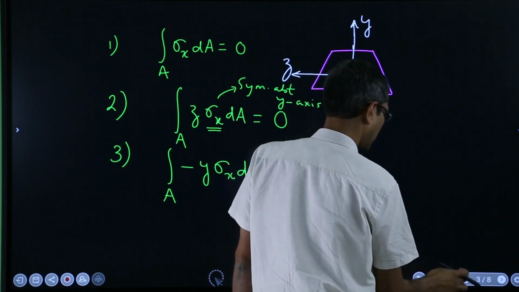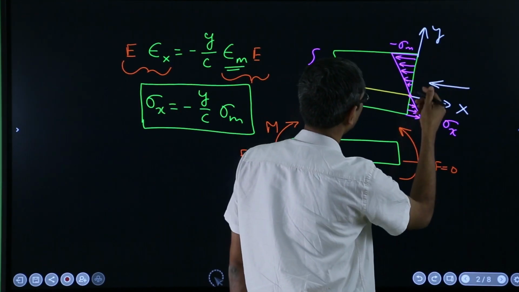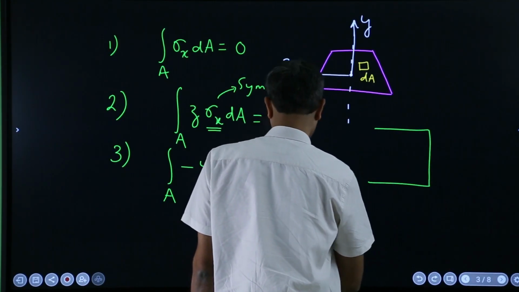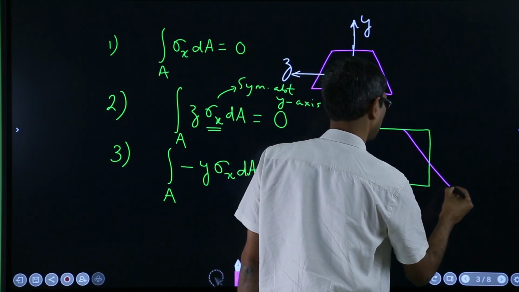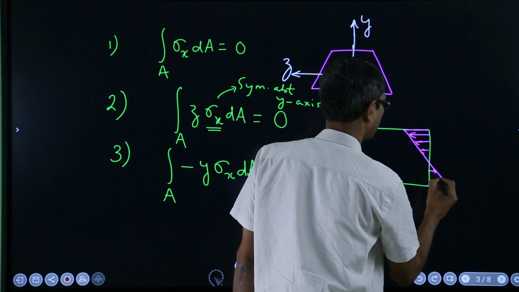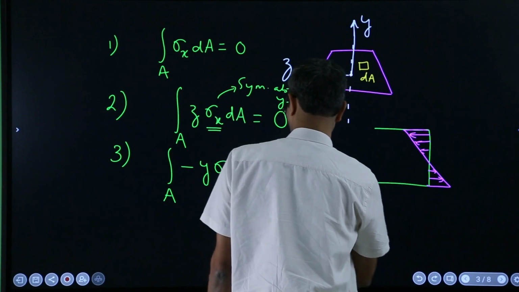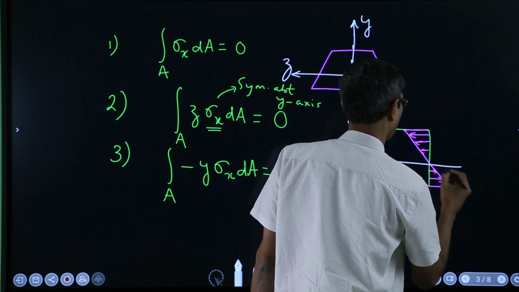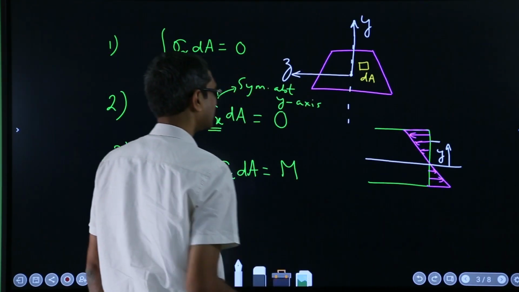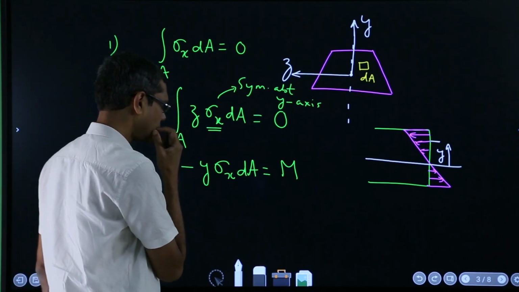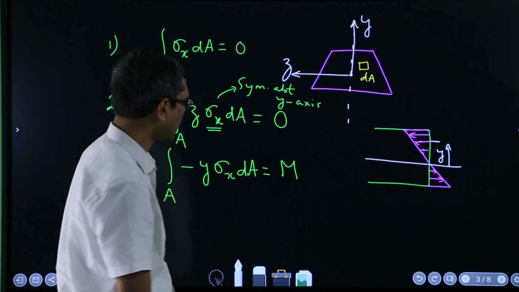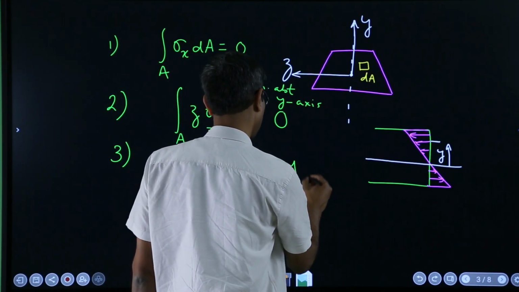Let me draw it again here. You have this distribution, like that. If I am at a particular location, at a distance y in this positive direction, sigma x is negative, so that negative cancels out this one, and I get a counterclockwise moment, which matches the direction of this moment.